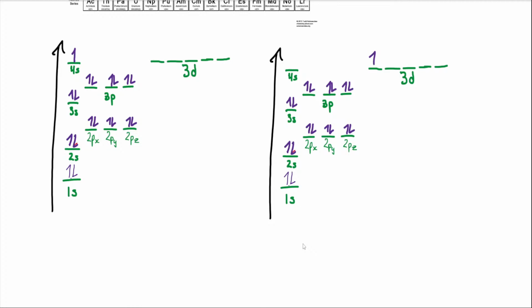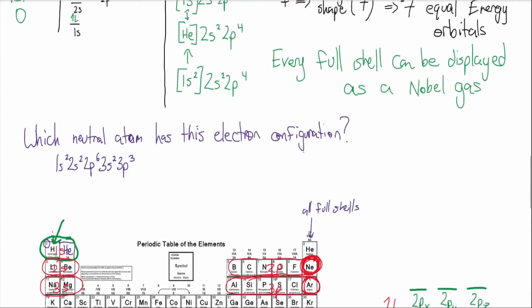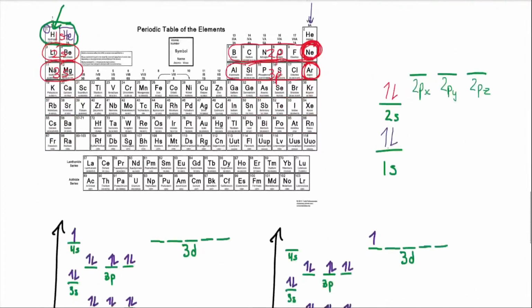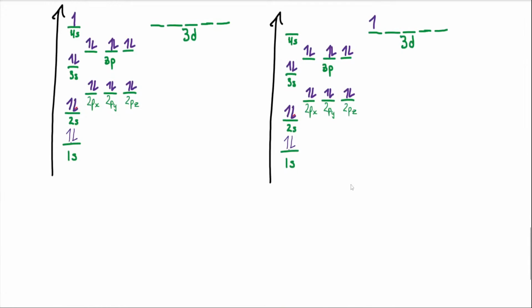Okay. So this is where this notation is going to save us. Because if I had to, I would write the shorthand of this as 1s2. Can you take it from here?